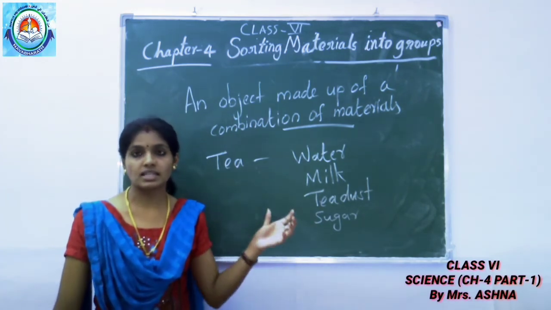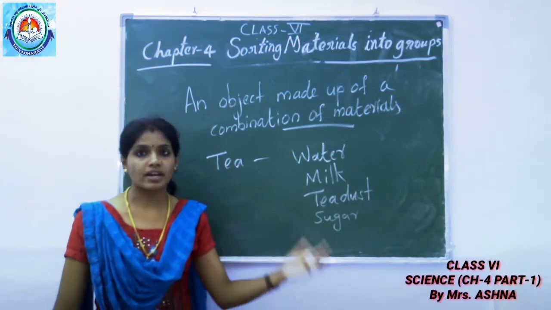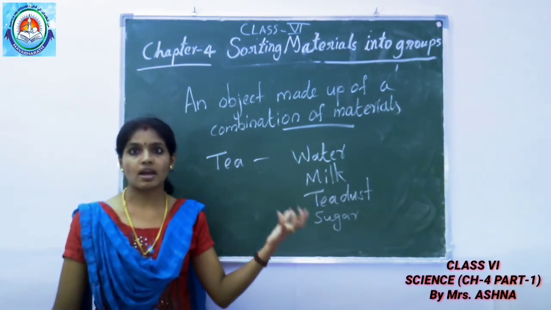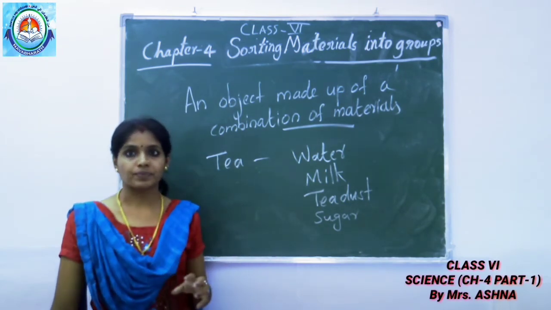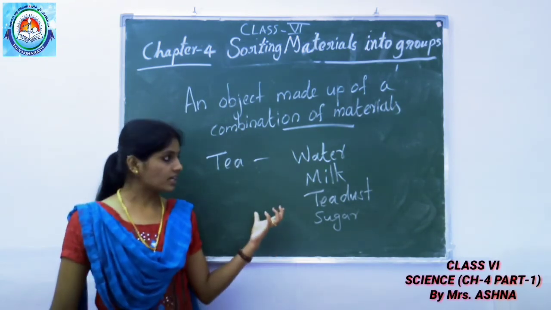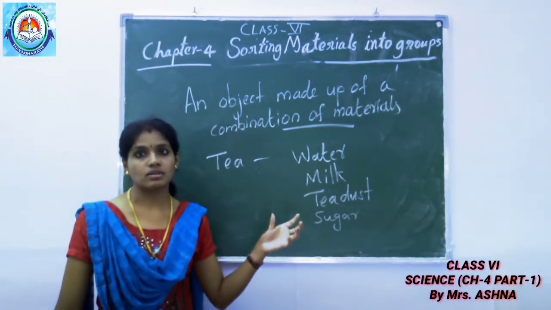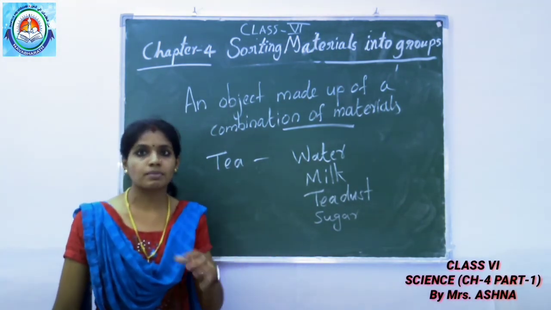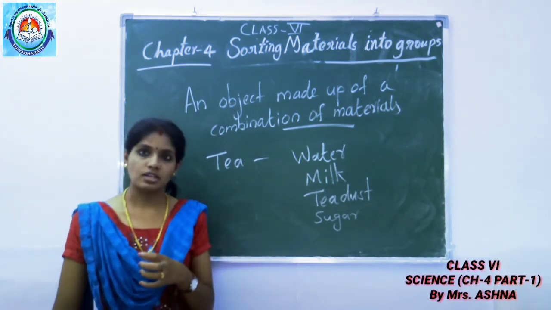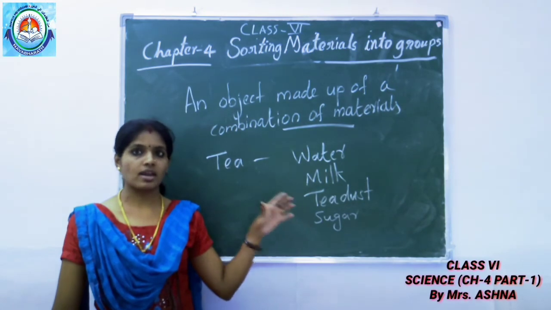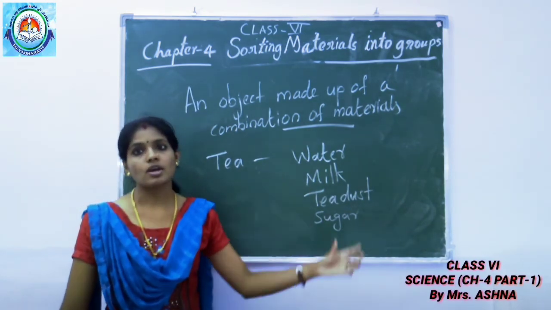All these materials combined and form a biscuit. Another example, tea. Water, milk, sugar and tea dust, all are the materials present in the tea. So, an object made up of a combination of materials.